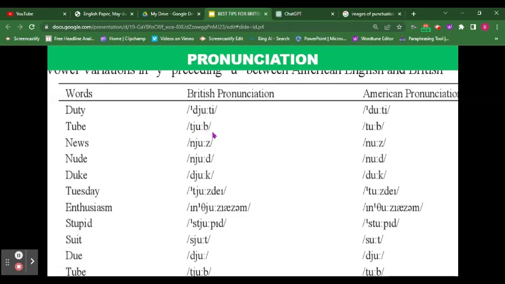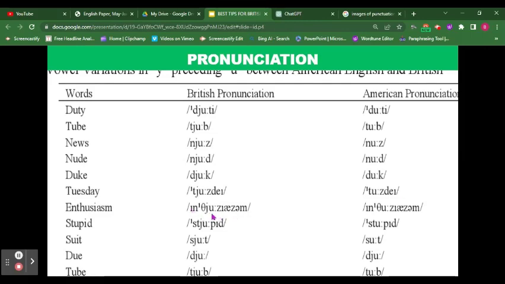Tube in British pronunciation, tube in American pronunciation. News in British pronunciation is news in American pronunciation. Nude in British pronunciation is nude in American pronunciation. Duke, British. Duke, American. Tuesday, British. Tuesday, American.